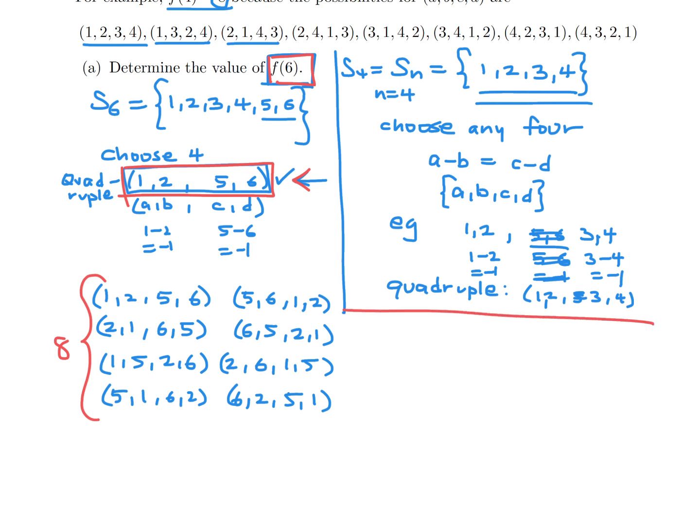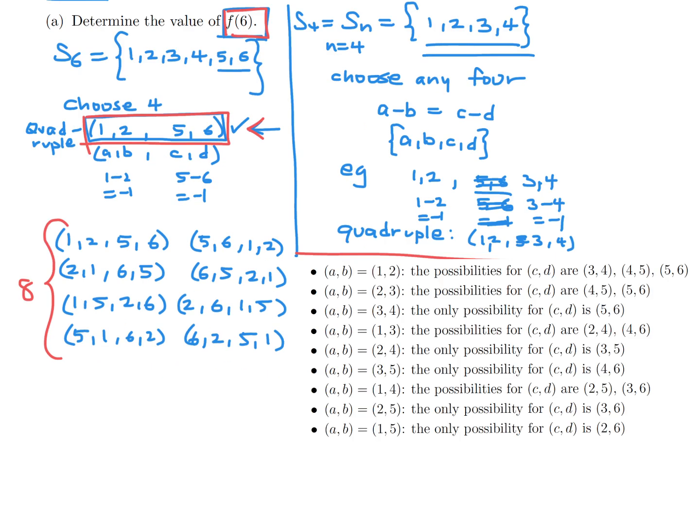So, let's see what happens if I do that. So, this is the first one. And let me insert a graphic here. So this is a very important graphic that shows all the possibilities. So I did the first one when we have A and B equal to 1 and 2. And then I chose this guy, 5 and 6, to give my example. But as you can see, there's many other possibilities.